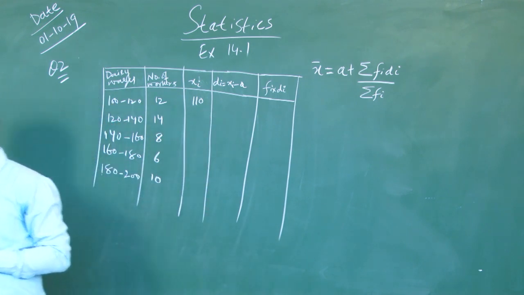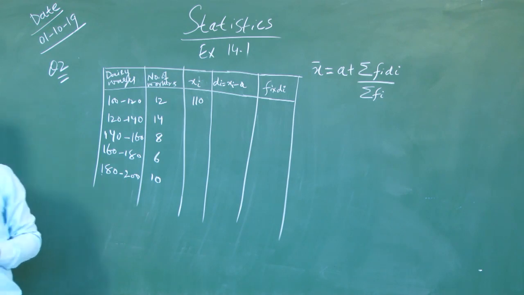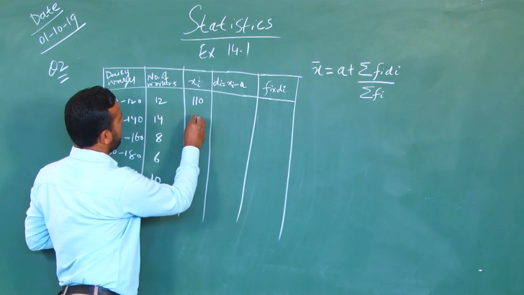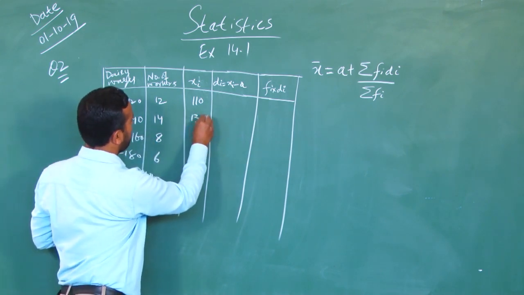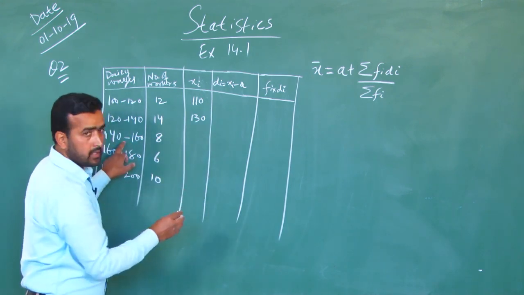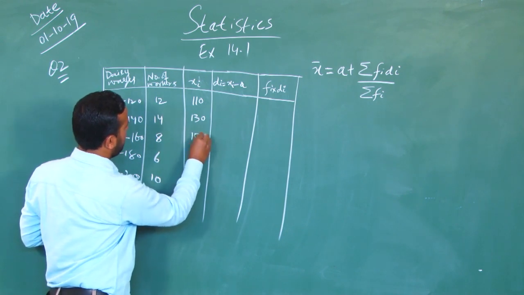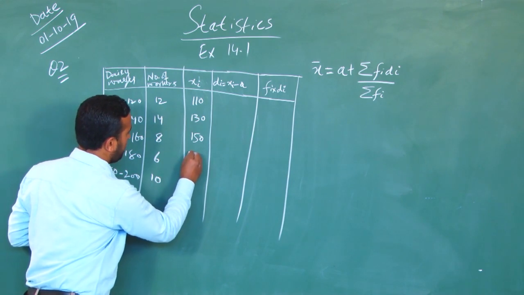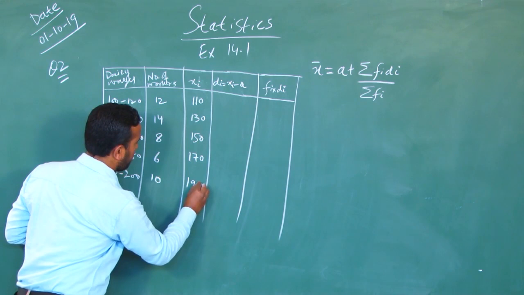Likewise, we have to calculate the various values. 120 plus 140 divided by 2, that is 260 divided by 2, it is 130. 140 plus 160 divided by 2, that will give us 300 by 2, that is 150. You can see the gap of 20 and 20 is maintained throughout, so we can directly write it is 170 and then it is 190.